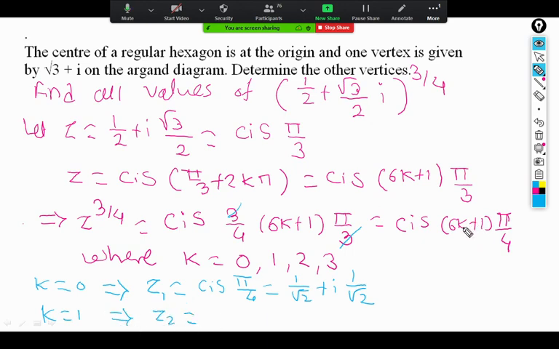K equal to 1, z2. If you replace k by 1, you will observe cis of 6 plus 1, that is 7 pi by 4. Which quadrant is 7 pi by 4?